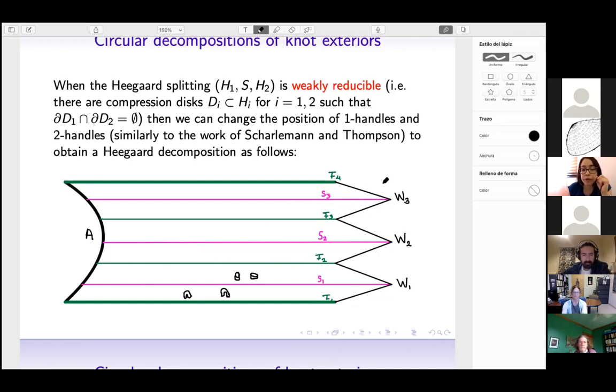So we have many Heegaard splittings where each one of these pieces, H1, well, let me call this H2, etcetera, is a compression body.